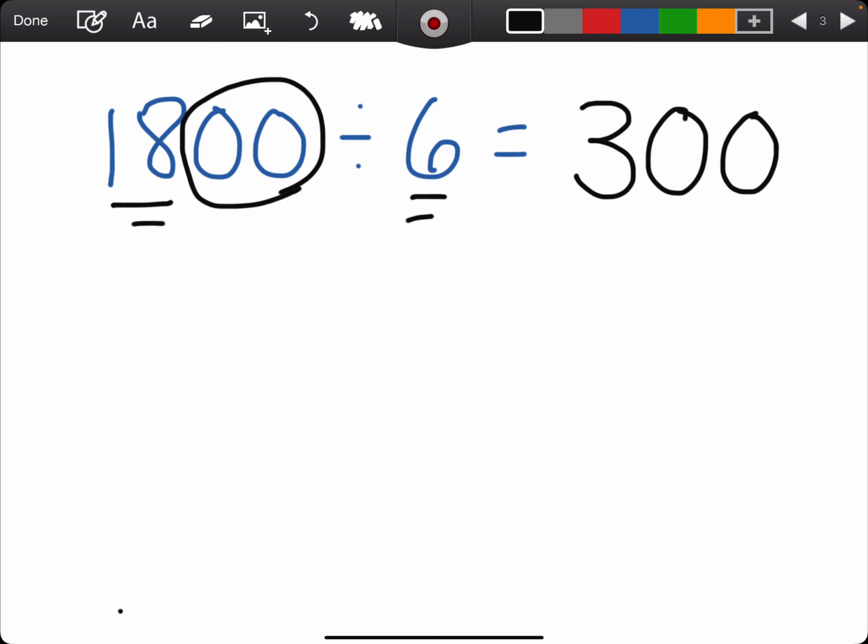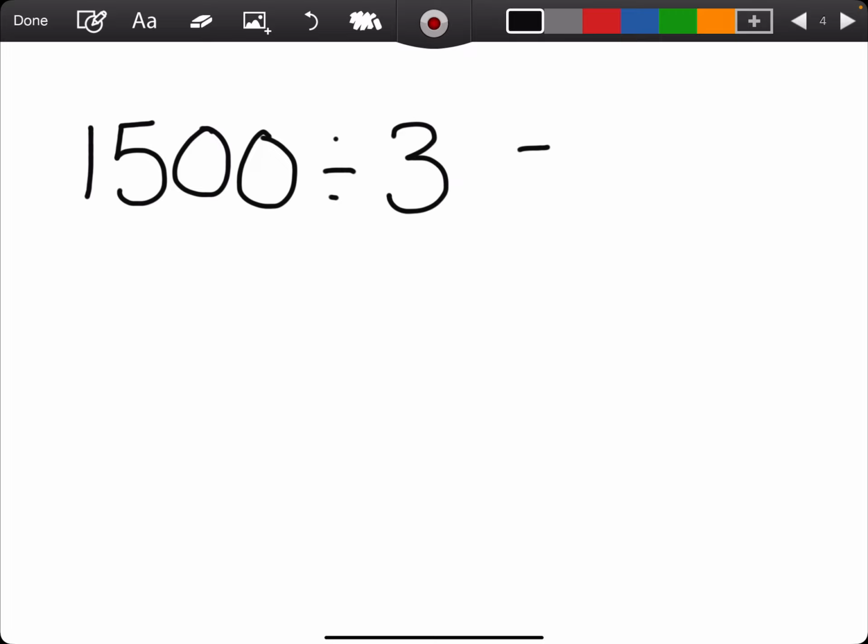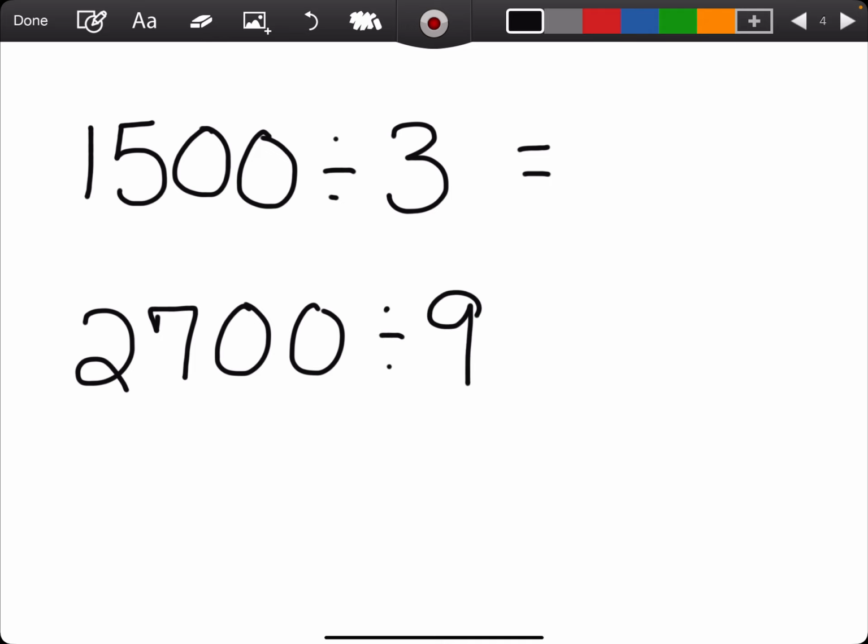You can practice this on your own with a bunch of other problems. So you could say 1,500 divided by 3 equals what? Or 2,700 divided by 9?